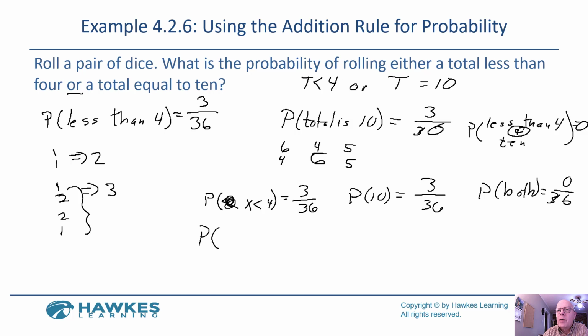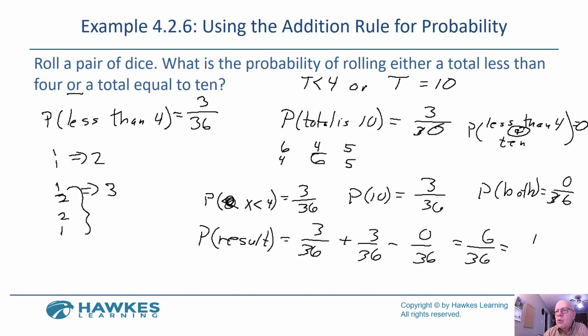So our probability of the result we're looking for is 3 over 36 plus 3 over 36 minus 0 over 36 is 6 over 36, 1 over 6, or 0.1667, 16.67% is the probability of getting something less than 4 or equal to 10.